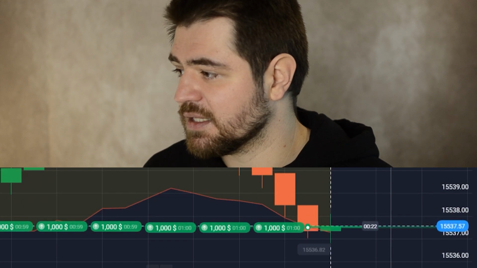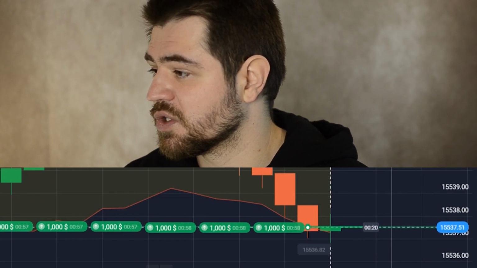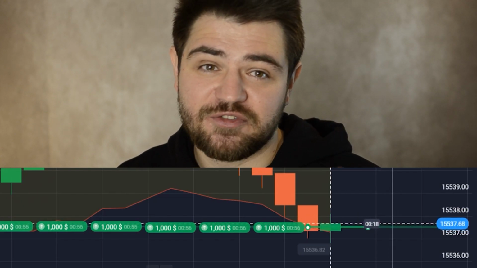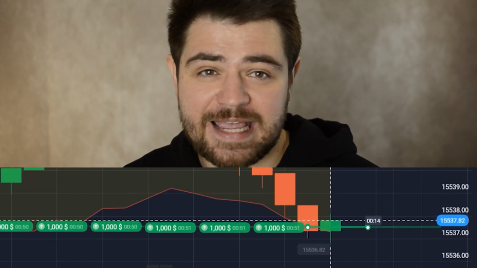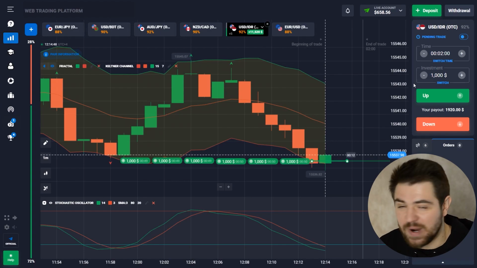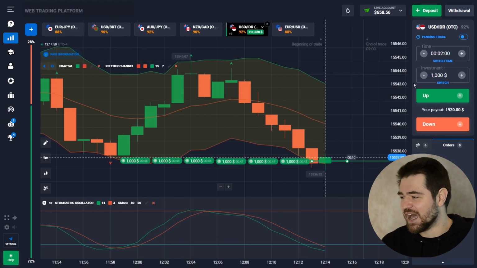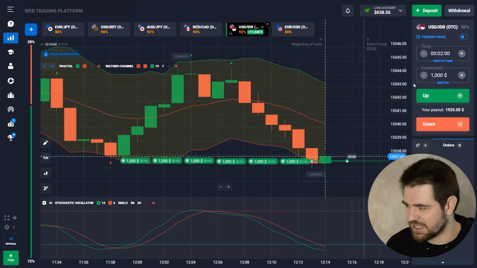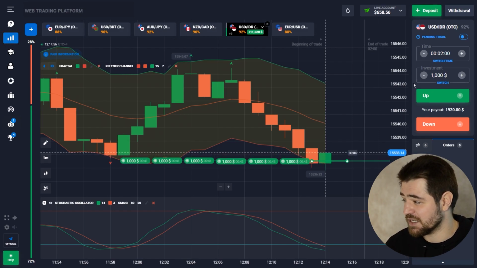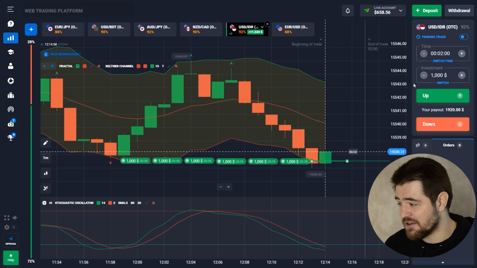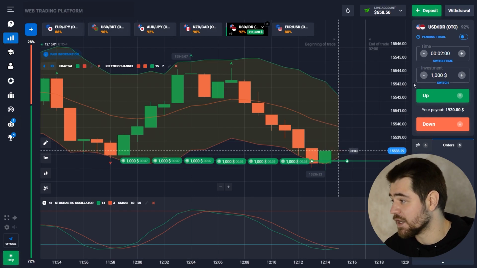Ideally that's the situation. So we're going to wait till this finishes. This is the most important one because it has all the stakes. I'm super excited. I think I'm right in this one because that's what I get from the graph, from the levels, from the stochastic, the Keltner.